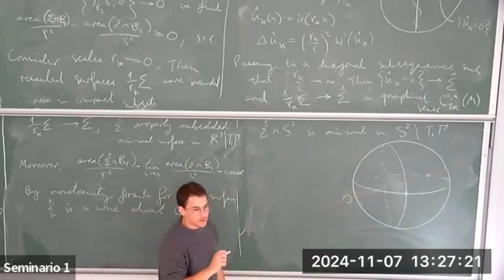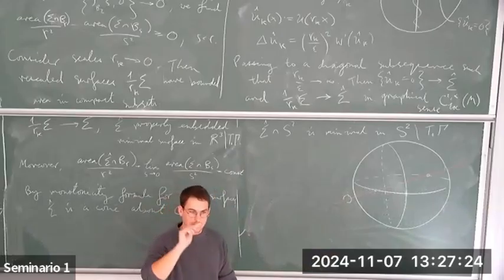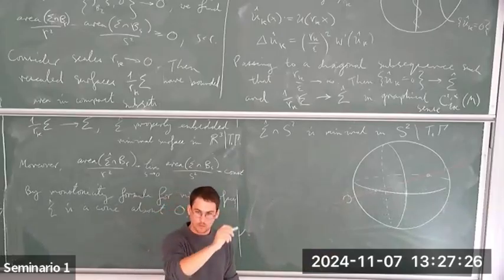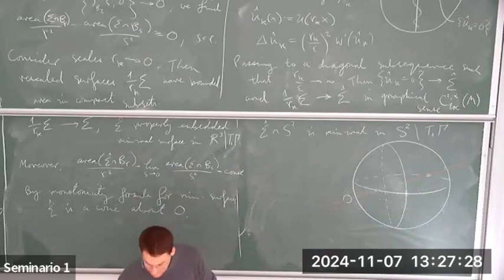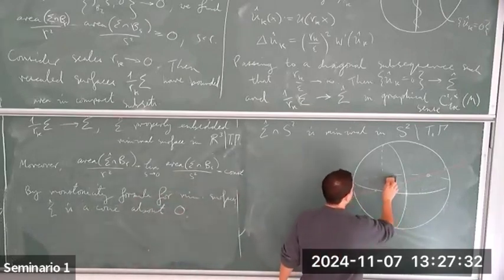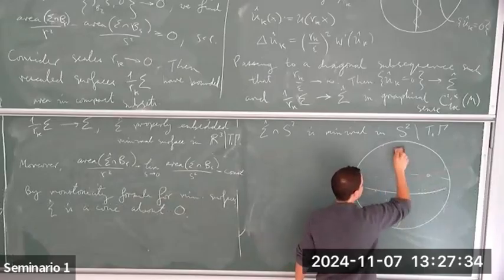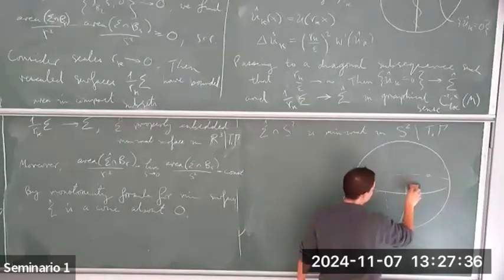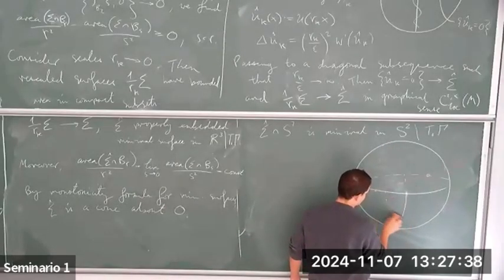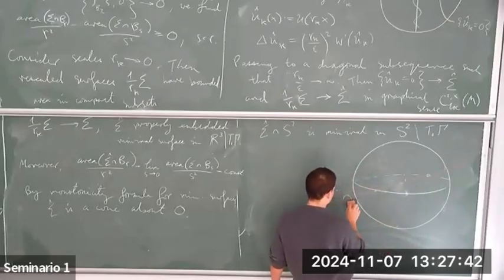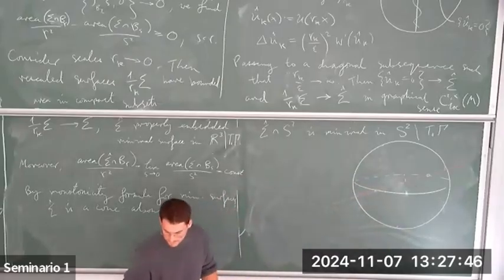And the only other possibility is that it's a collection of half circles going from one point to the other. Let me write that.